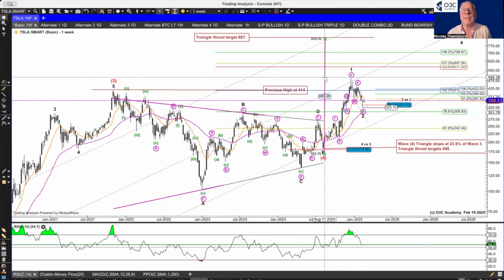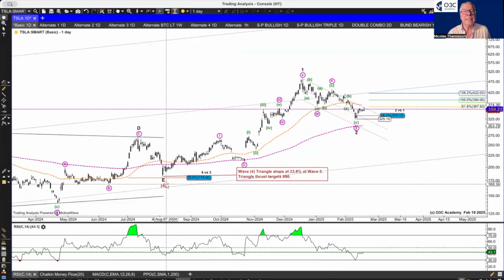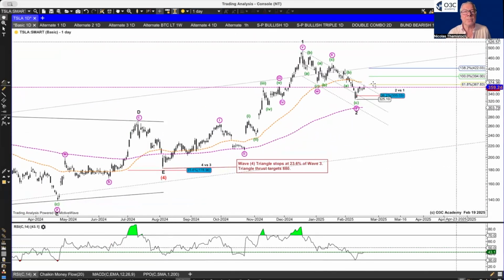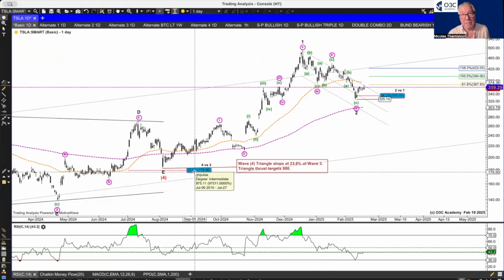So what would that mean? Where are we now? So let's look beyond the triangle now and have a look at what's happening. So I'm moving from a weekly time frame to a daily time frame, and there you are back with this sort of wave 4 that I labeled at the time. And again, another property of Elliott Wave, wave 4s usually retrace between 38% and 23% of wave 3.